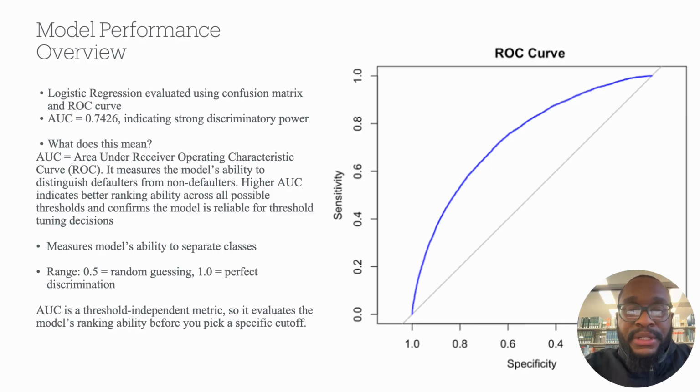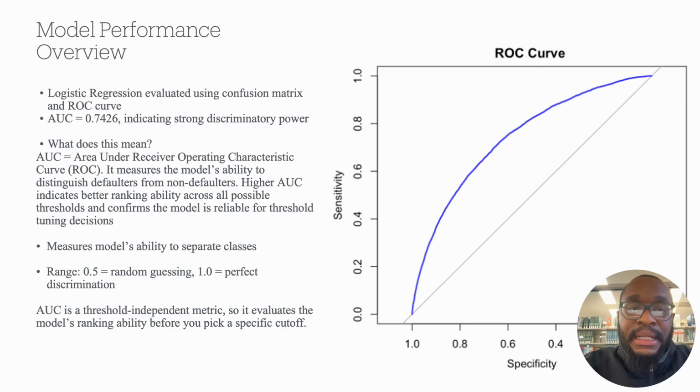The confusion matrix looked at how our model performed at a selected threshold, while the ROC curve evaluates a model over different thresholds. So we had an AUC score of 0.7426, indicating strong discriminatory power.